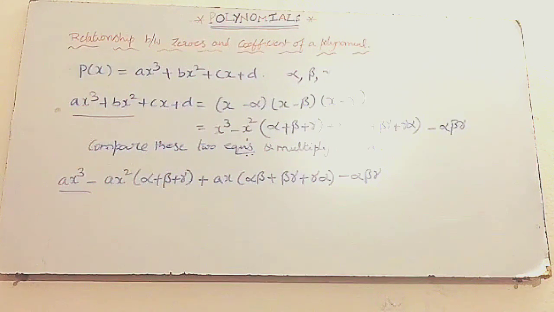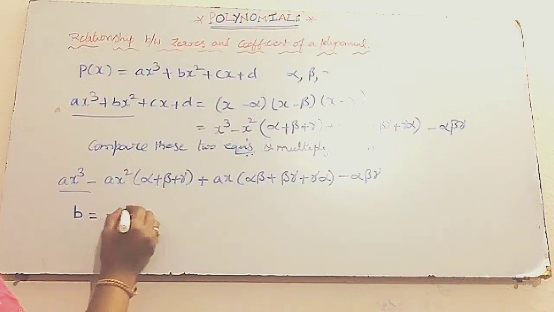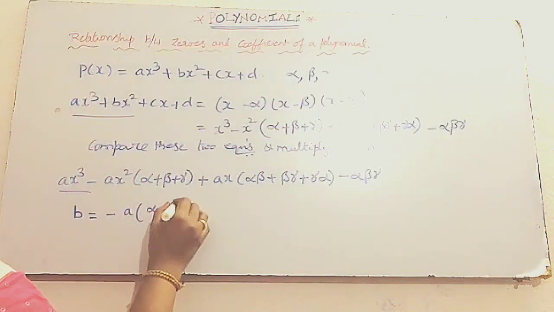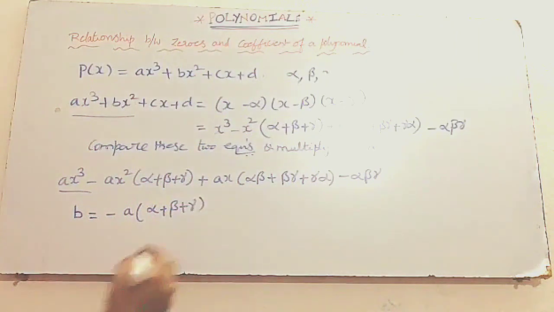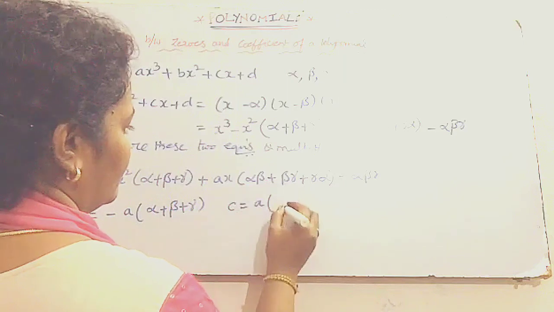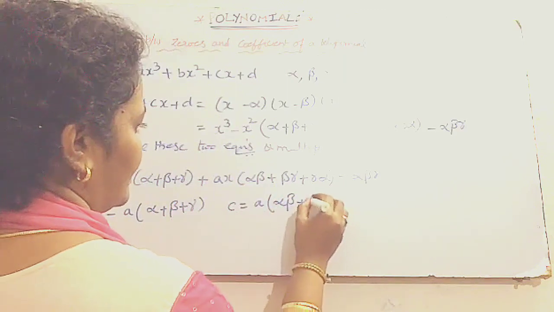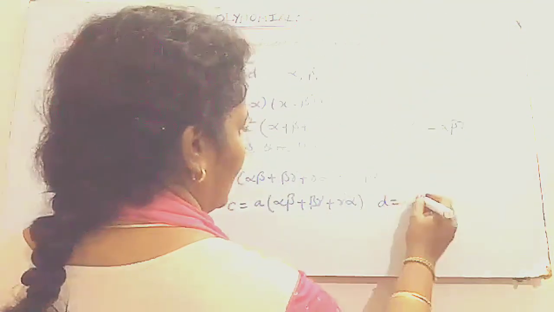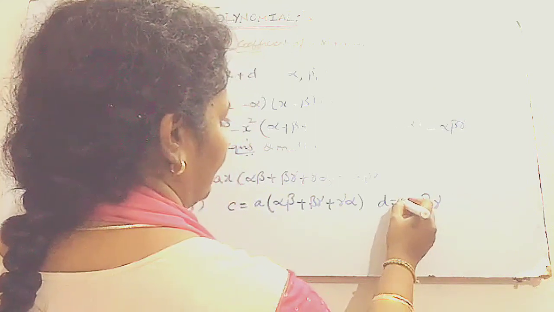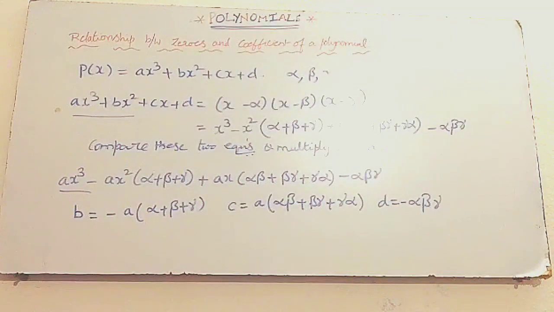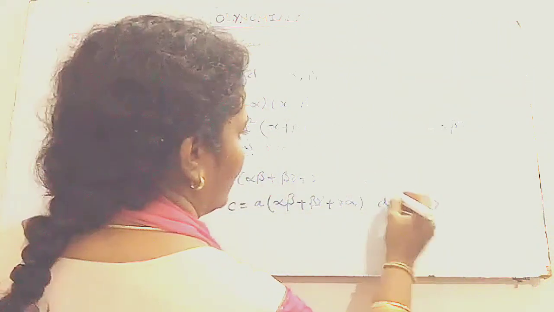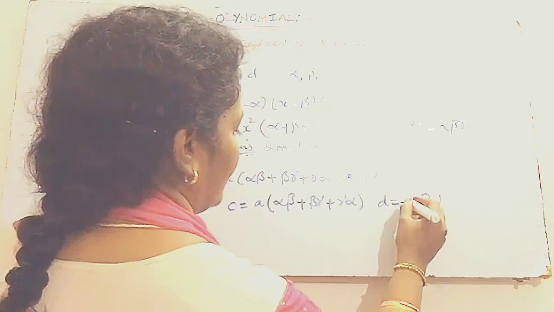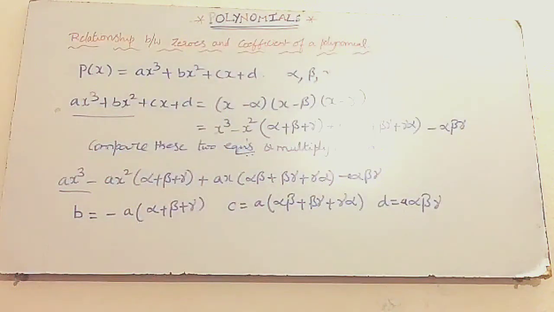Then we will get b equal to minus a into alpha plus beta plus gamma, and c equal to a into alpha beta plus beta gamma plus gamma alpha, and d equal to minus a into alpha beta gamma.